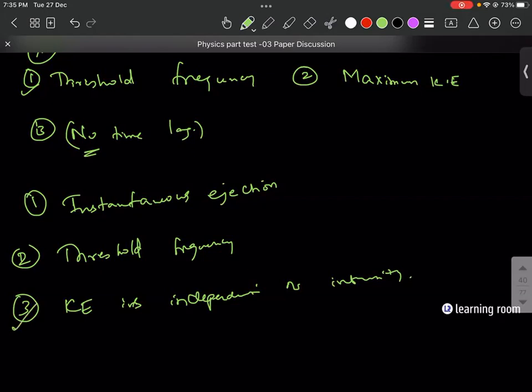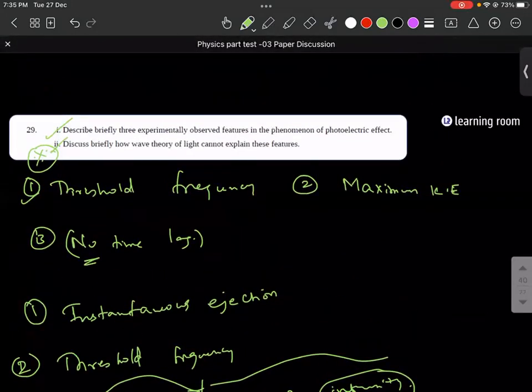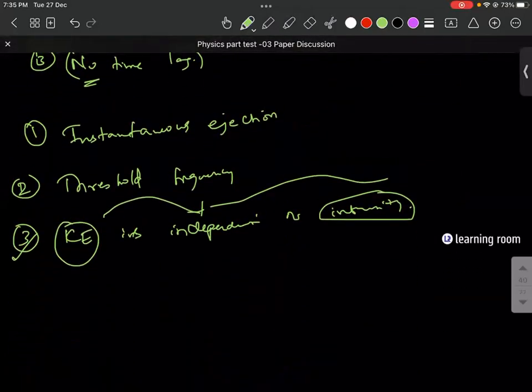That is why I told you, according to wave theory, kinetic energy depends on the intensity because of the continuous absorption taking place. But in the experiment we get kinetic energy independent of intensity. They are asking what you observed when you performed the experiment. So Ritesh, we both are speaking the same thing.